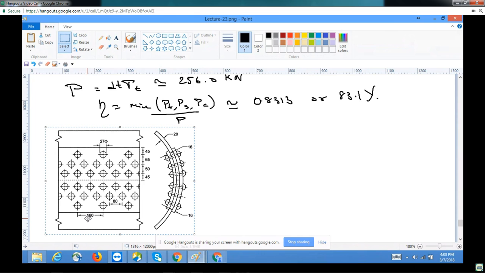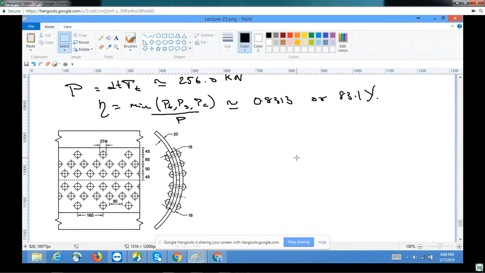Our pitch was 160, and we have shown that from the outer to the middle is 65, the middle to the inner is 45. The thickness of the straps is 16 mm, and the thickness of the shell is 20, and this is the kind of arrangement which we have solved today.